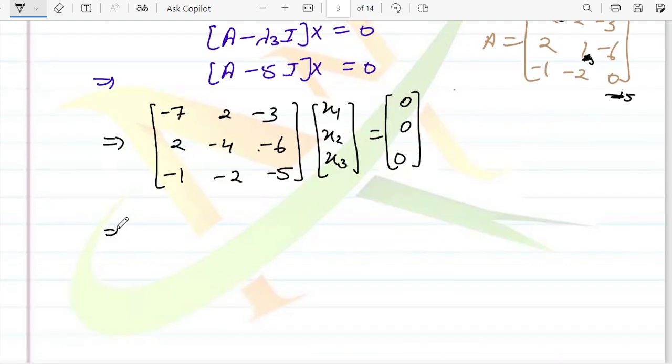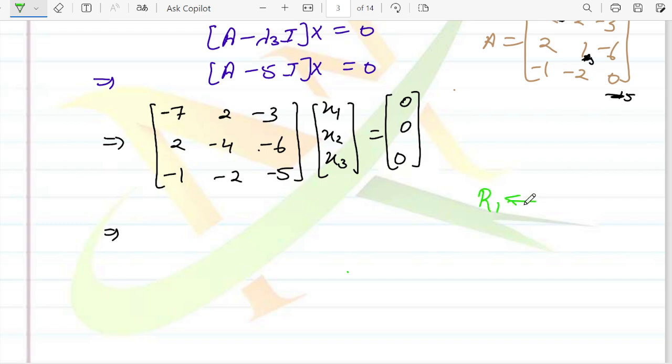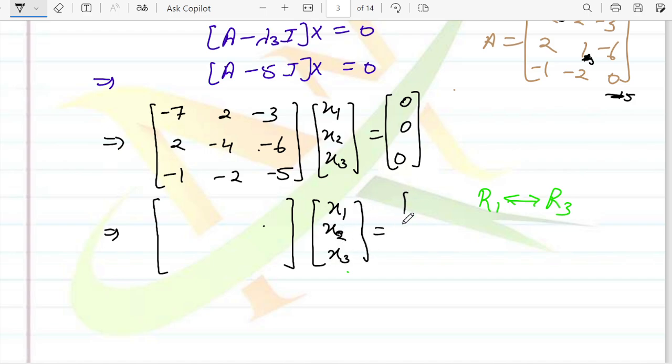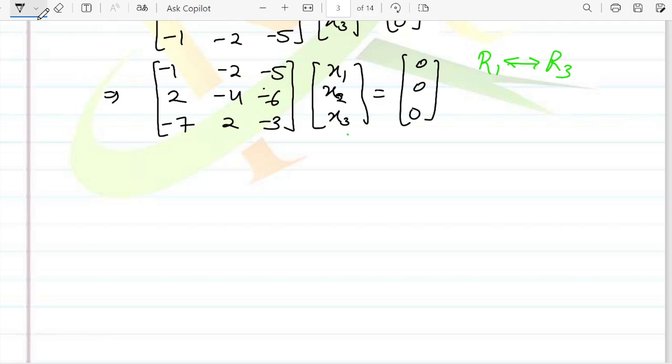So interchanging the rows first and third, row 1 is replaced by row 3. जैसे ही आपने रो 1 रो 3 रिप्लेस कर दिया तो आपको रो रिडक्शन में थोड़ा आसान हो जाएगा. देखिए x जो आपकी आइगन वैल्यू है कितनी बार लिखी हुई है? इसमें एक बार लिखी हुई है, तो इसका एक रो तो पक्का 0 होगा. देखिए माइनस 1 माइनस 2 माइनस 5, 2 माइनस 4 माइनस 6, माइनस 7 2 एंड माइनस 3. अब इसमें आप लोग क्या करेंगे? रो रिडक्शन लगा लीजिए.